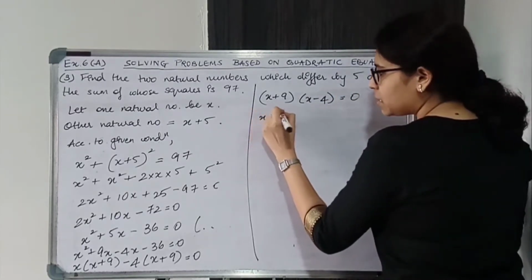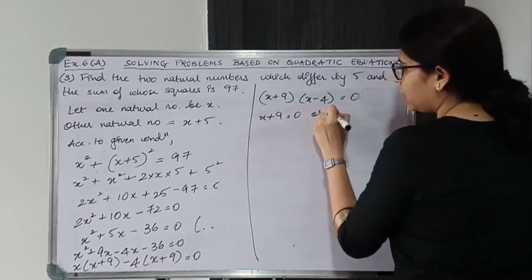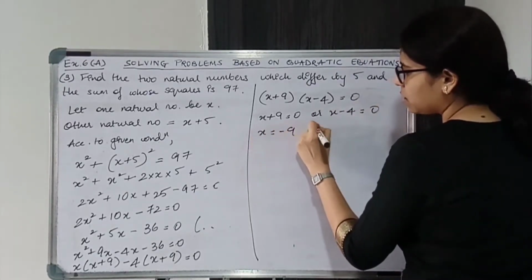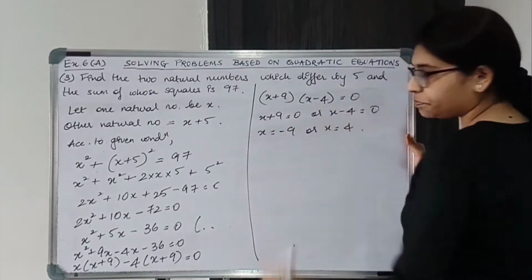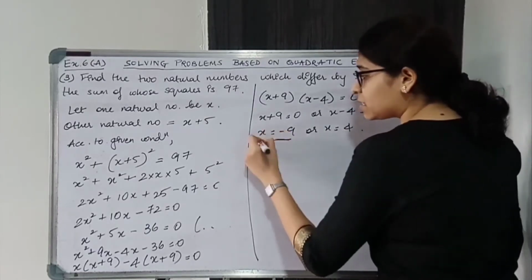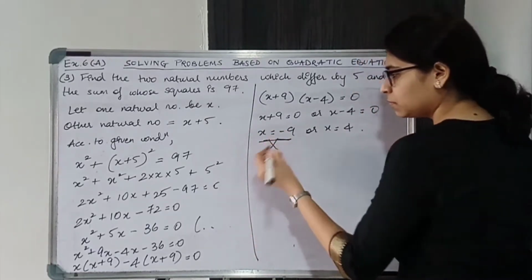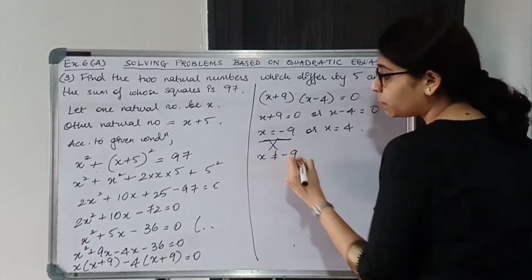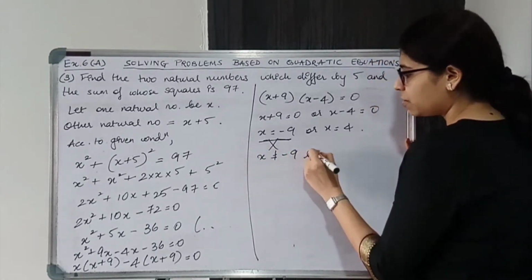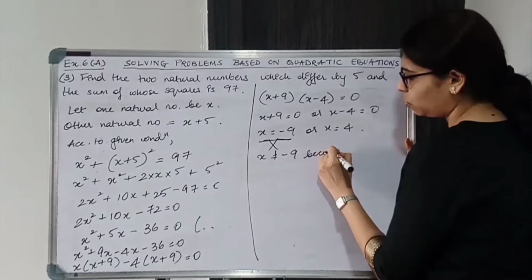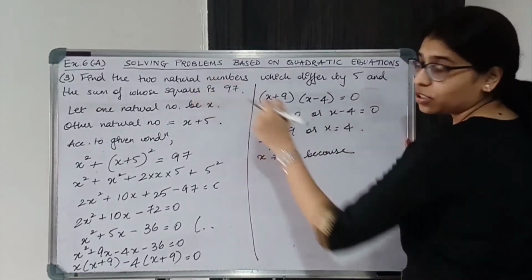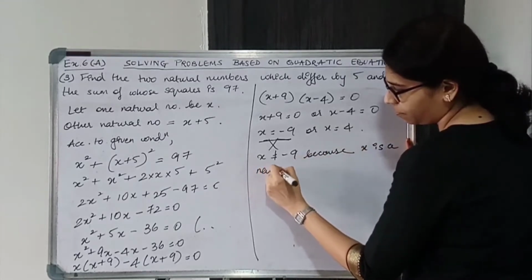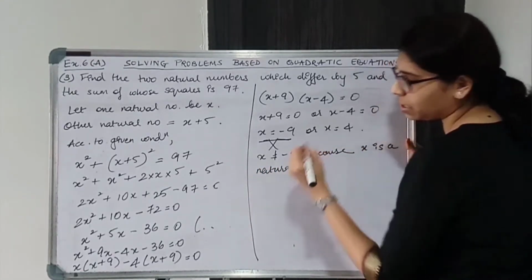So x plus 9 is equal to 0 or x minus 4 is equal to 0. So x is equal to minus 9 or x is equal to 4. Can x be minus 9? No, it cannot be. So write down x is not equal to minus 9 because we are told natural numbers. It is a natural number.